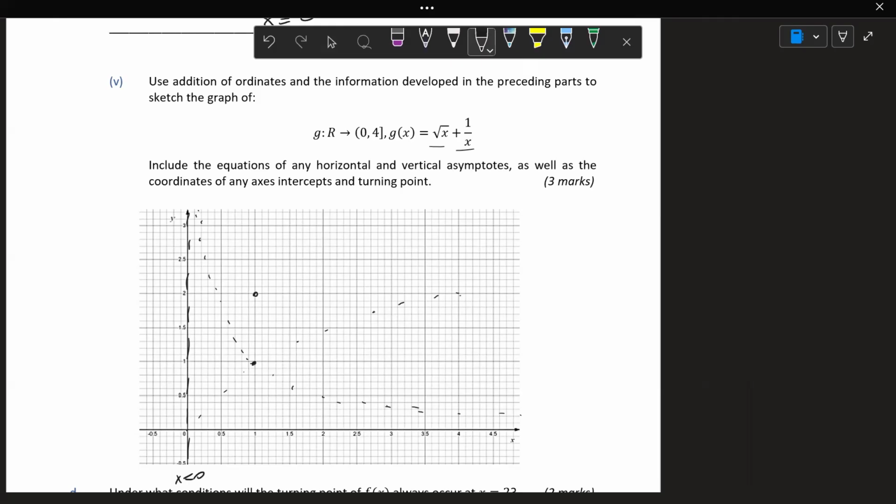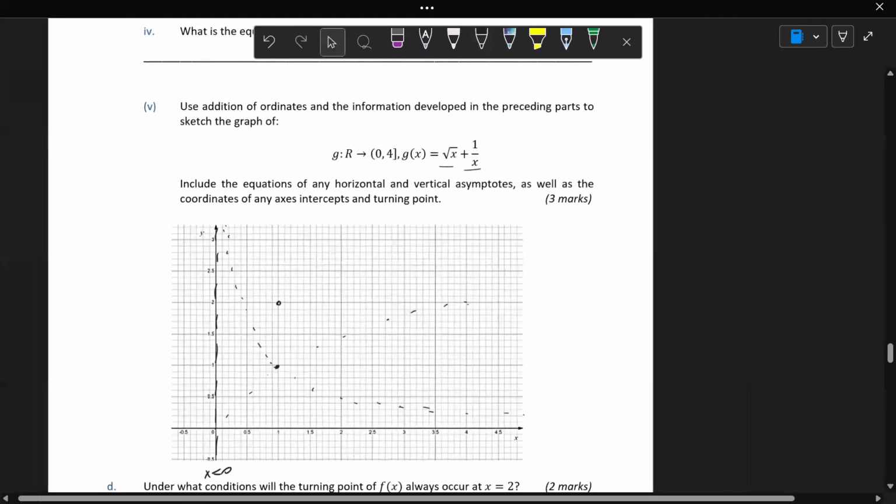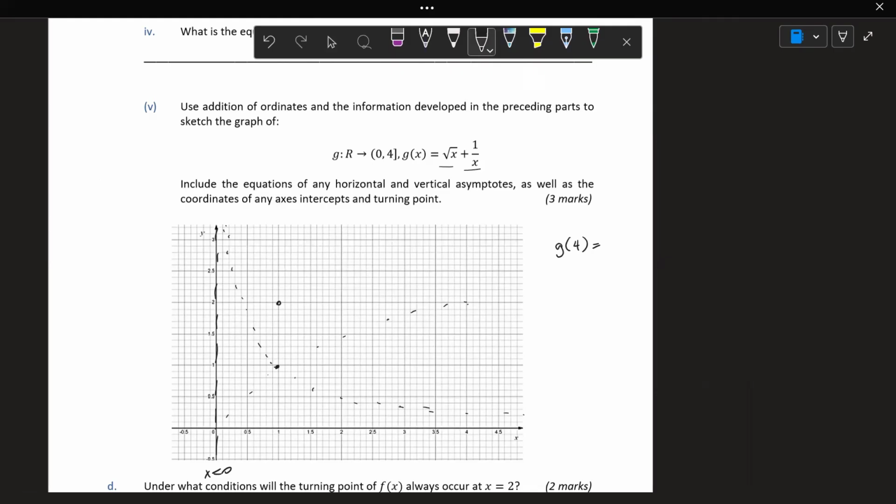And then we also need to make sure we remember the endpoint. So g of 4 is 2 plus 1 over 4, which is 9 over 4. It's around 2.25. So it ends about here. So 4, 9 over 4.